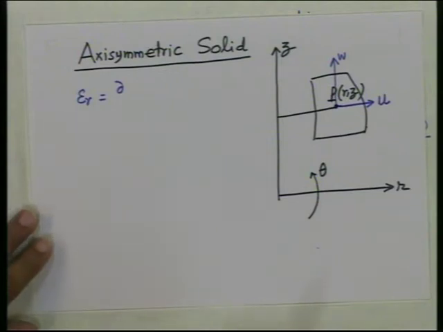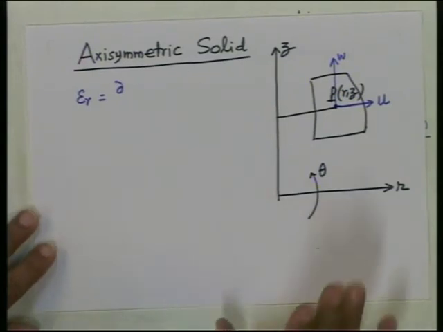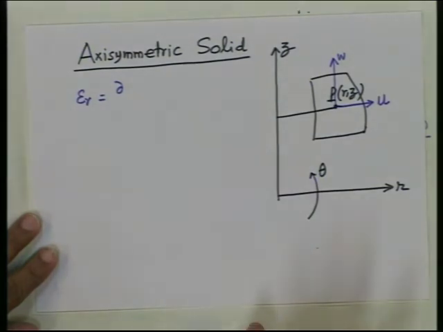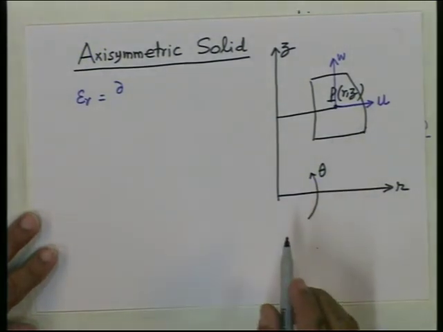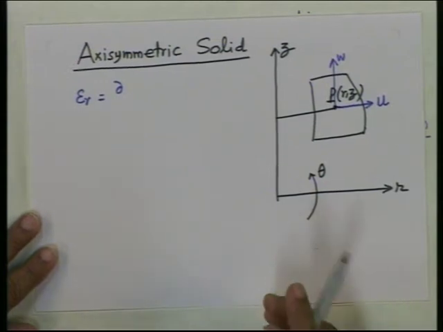There will not be any displacement of any particle P in theta direction if it is an axisymmetric problem. It will move only like this, the plane will. So, all the particles will always remain in the plane r z.